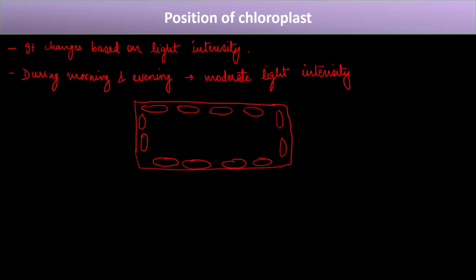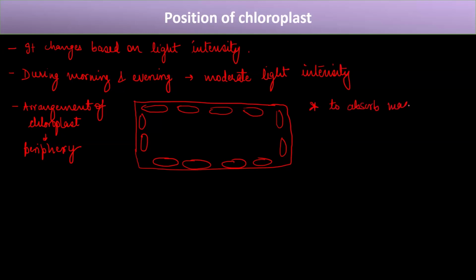So the chloroplasts will be aligned in such a way that they can absorb the maximum amount of light. So the arrangement of chloroplast is peripheral, to absorb the maximum amount of light.